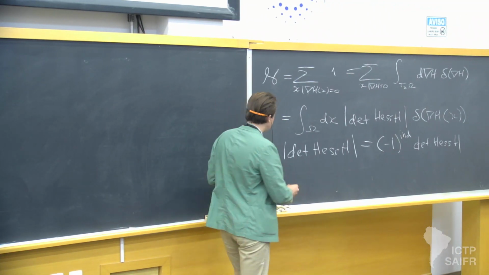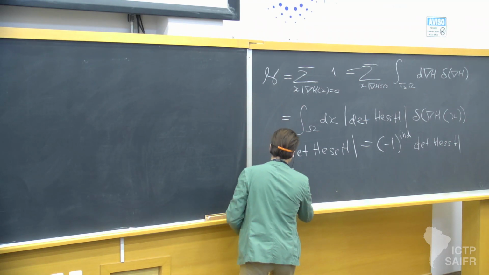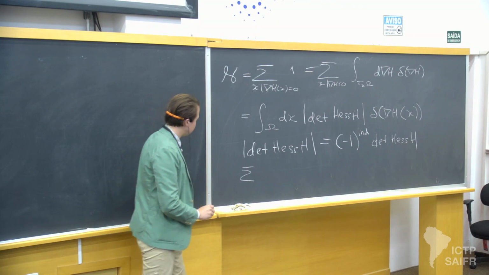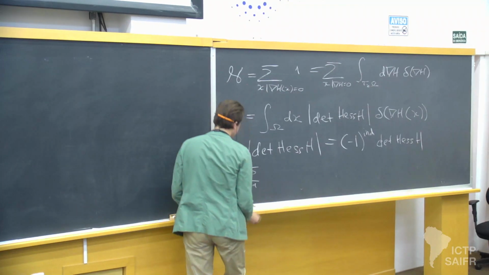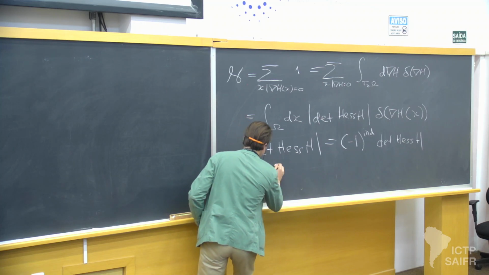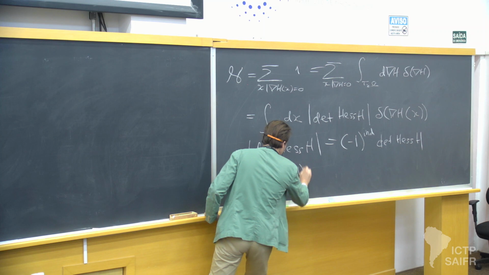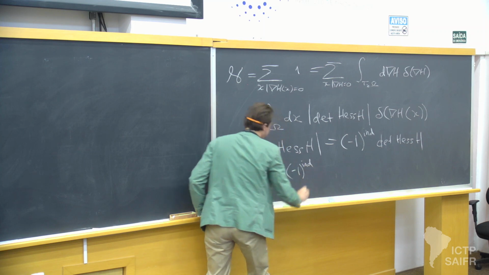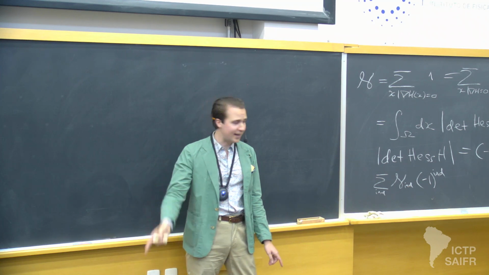You can imagine dropping this and trying to go backwards through the derivation I would give. You would get, in this second step, the sum over indices of the number of stationary points that have that index times -1 to the index. You're just summing in a non-constructive way the numbers at each index.